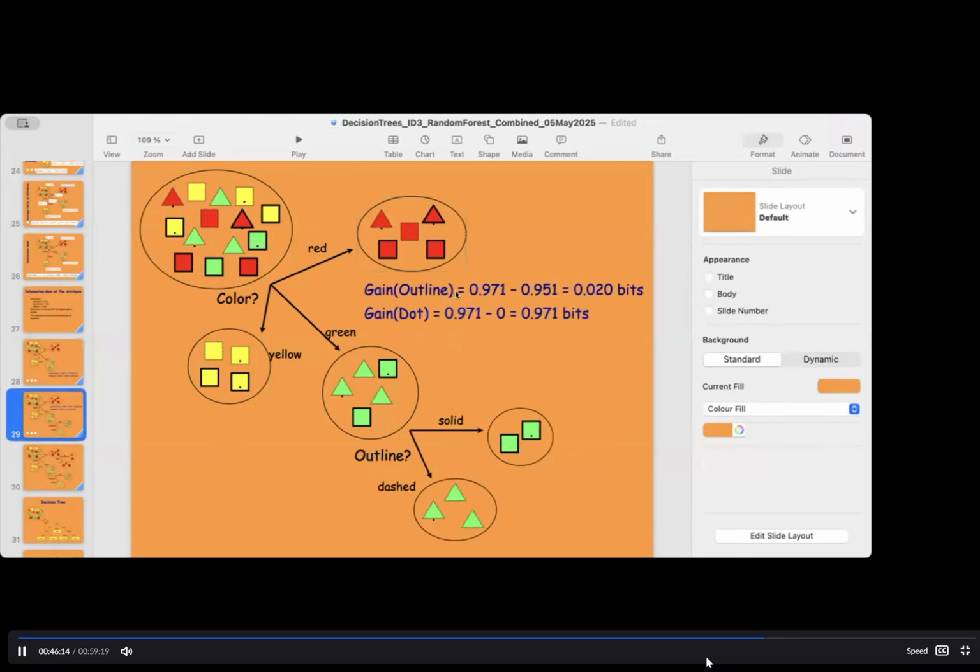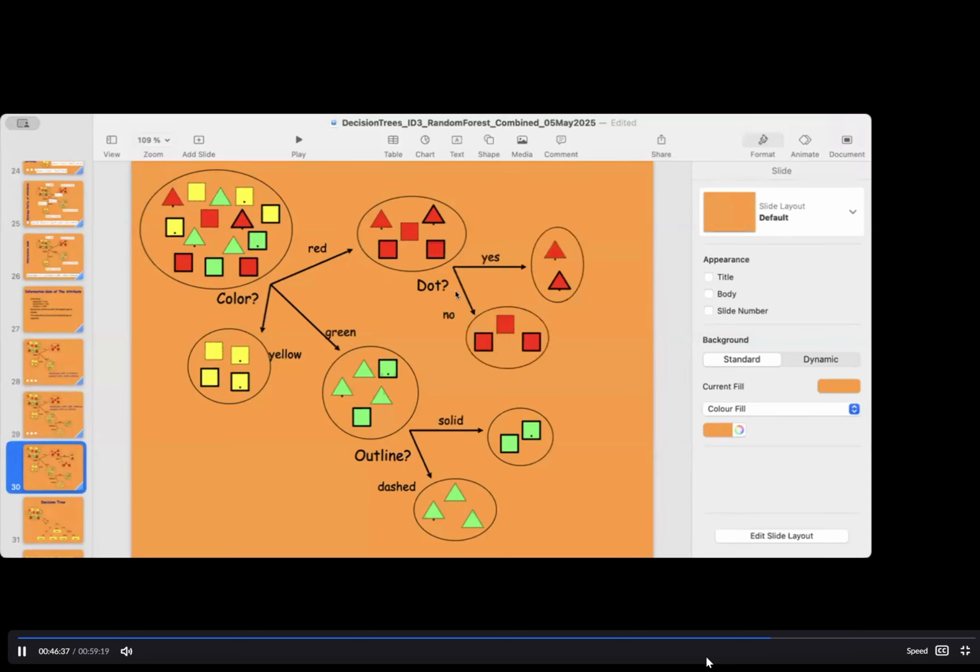Again, we're going to compute the information gain. Whichever attribute gives us the highest information gain, that's the one that we should choose to split. In this case, the gain for outline is 0.02, the gain for dot is 0.9. So we should be choosing the dot here and on the green one, the outline. Once we do that, we end up with leaves everywhere.